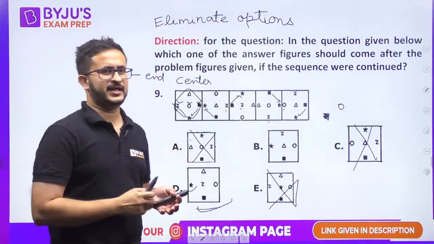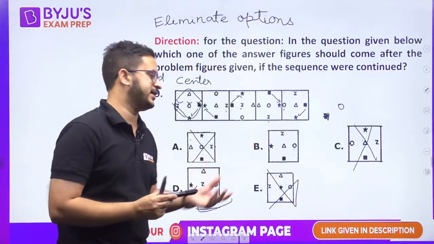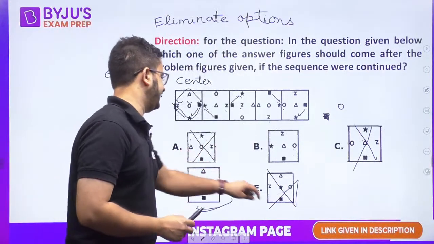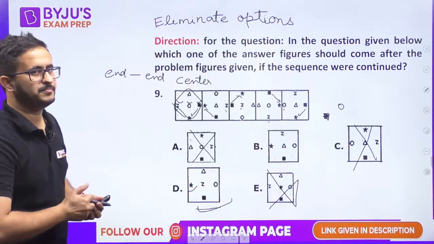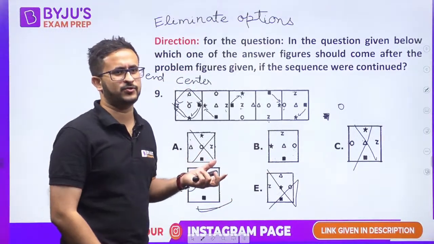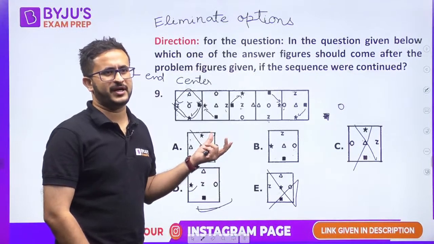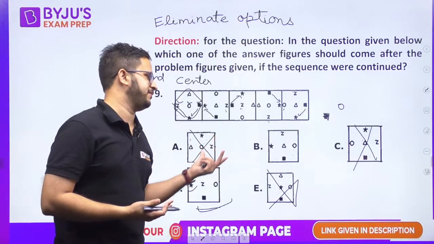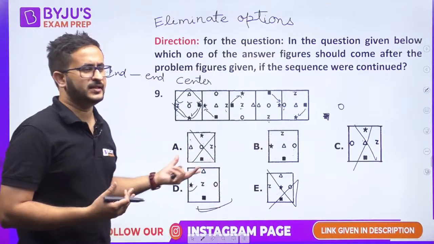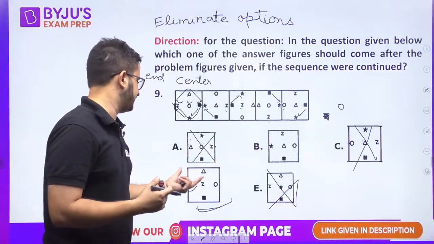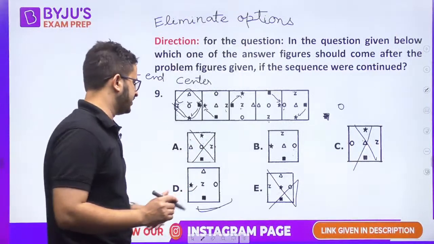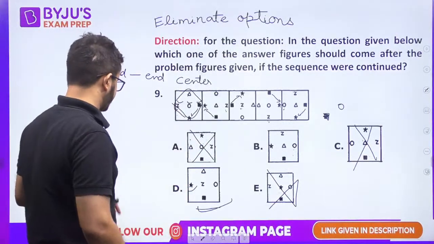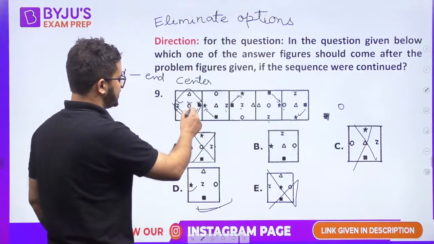So it is about seeing the elements. If you had checked the star first, you could have eliminated A, C, E directly. So here luck also plays a role, that we started with the square. Maybe if we had seen the star, we could have easily eliminated 3 options. Then what you should see is, leave the common element. Suppose we started with the star.